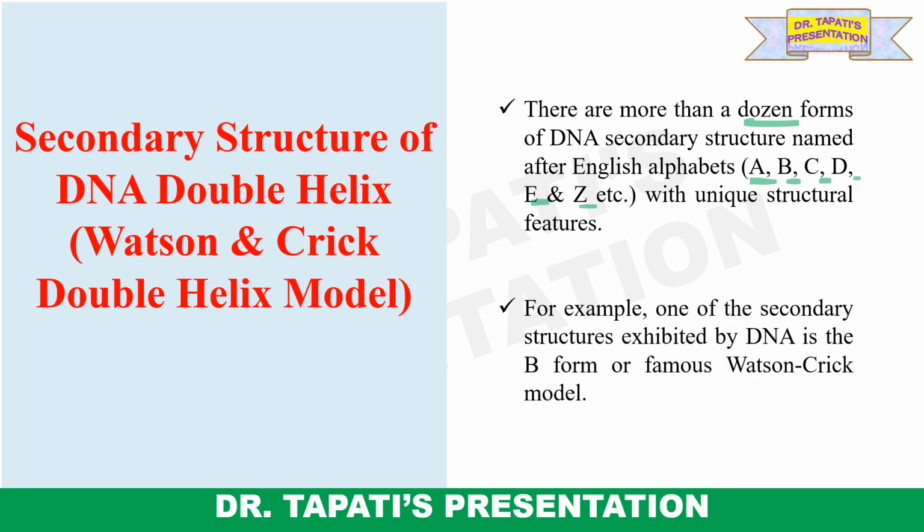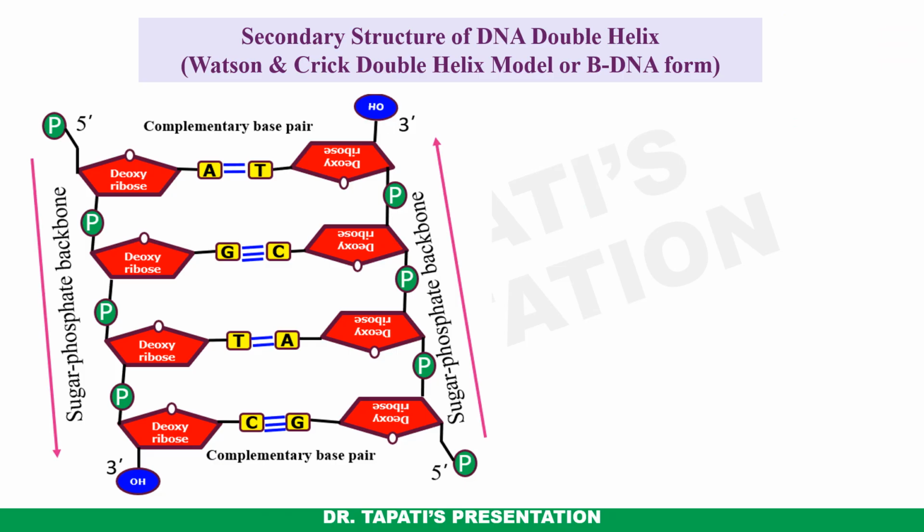Among them, the B form of DNA secondary structure is most popular because it was described by Watson and Crick, so it is known as the Watson-Crick model. So let's discuss the secondary structure of DNA double helix, known as the Watson and Crick double helix model. According to this model, the DNA is a right-handed double helix.